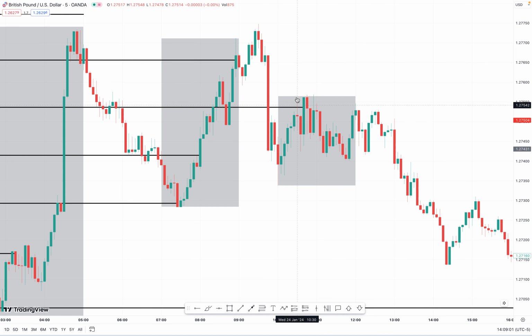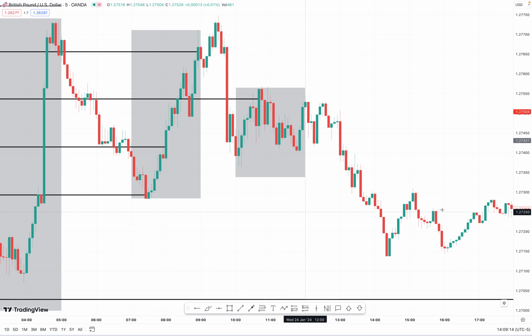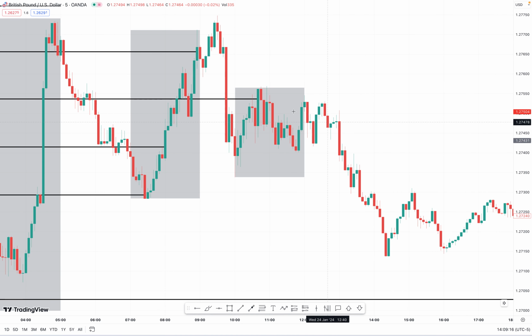So that swing high would be valid. If it had to create a fair value gap down, I would wait for a return into that fair value gap and then take a sell towards the open. But you can see here, it creates the high, runs the high out, creates another high, then creates a fair value gap.